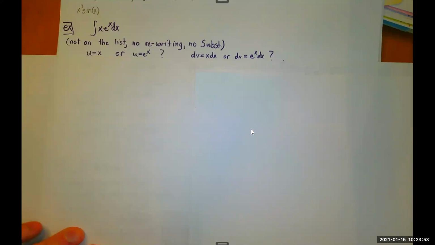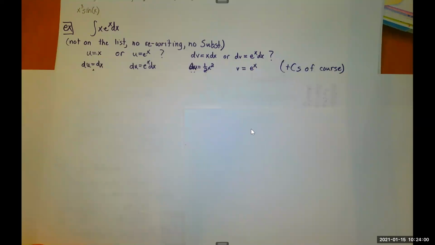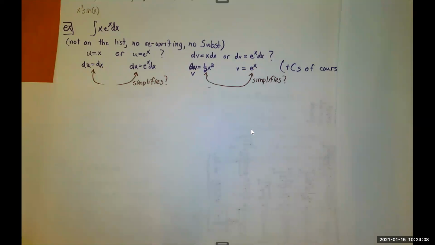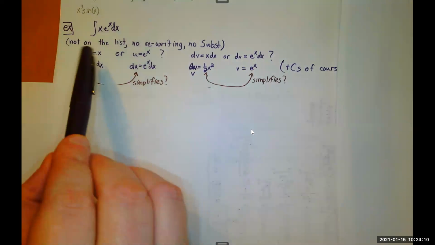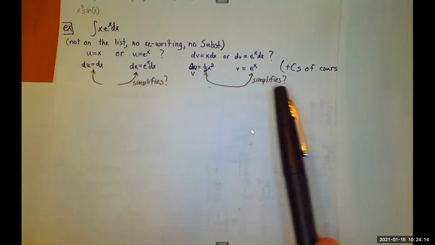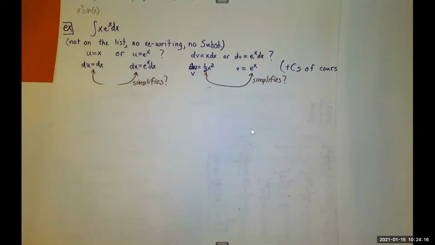If I take the antiderivative of e to the x, I get e to the x. So you look at all of these, write them out if you have to, like I did here, and think to yourself, which of these actually makes this more simplified? And u being x turns into du equals dx, and dv being e to the x dx turns into v equals e to the x, which seems like it's simplified.